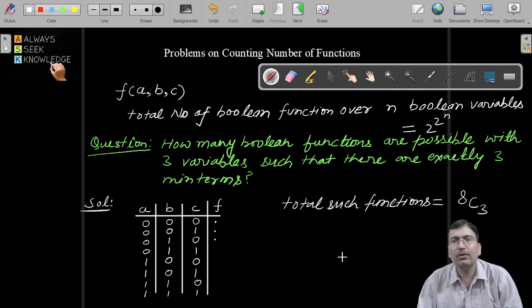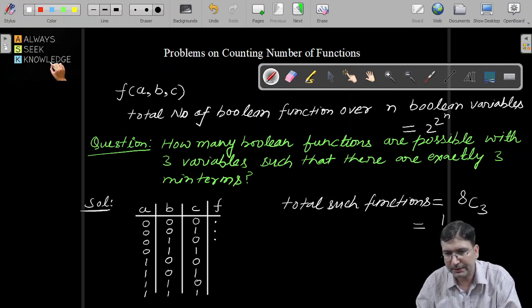The total number of such functions would be 8C3. If we solve it, we know that it is factorial 8 divided by factorial 3 into factorial 8 minus 3, that is factorial 5, right?